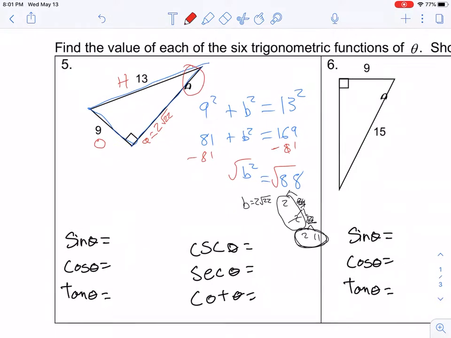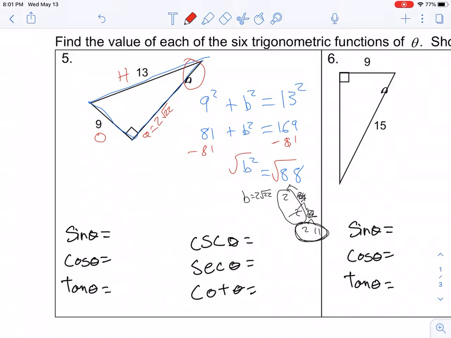So now we're going to be able to go through and figure these ratios out. Sine theta would be, sine is opposite over hypotenuse. So I'm saying 9 over 13. And then cosecant, which corresponds with sine, is the inverse.